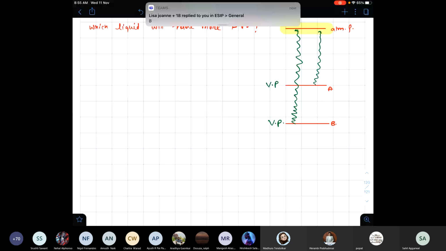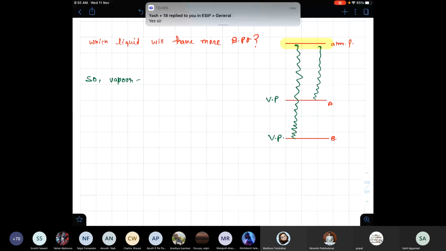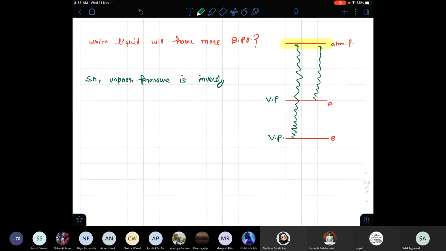Can we say vapor pressure is inversely proportional to boiling point? So, vapor pressure is inversely proportional to boiling point.